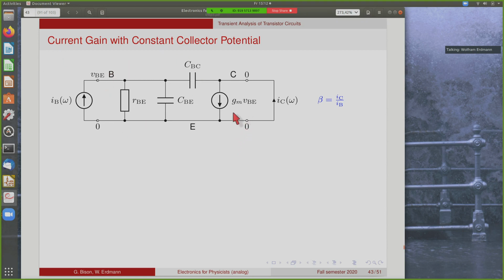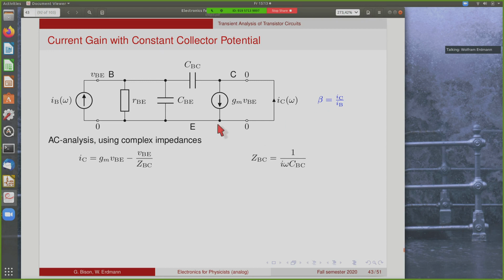We ignore for the moment the Early effect, so we don't have the RCE here for simplicity, and we send in a frequency-dependent base current here, and want to know what is the collector current for constant collector potential. And the amplification that we're looking for is, of course, the ratio between collector current and base current, which at DC is called beta.